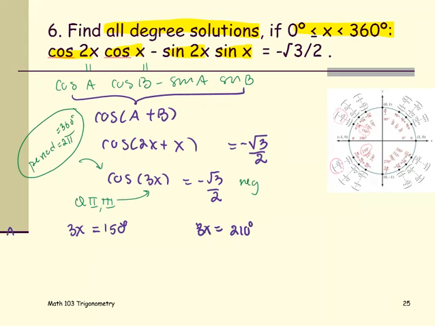And again, we're going to write our solution form by adding multiples of the period, which is 360 degrees times k.